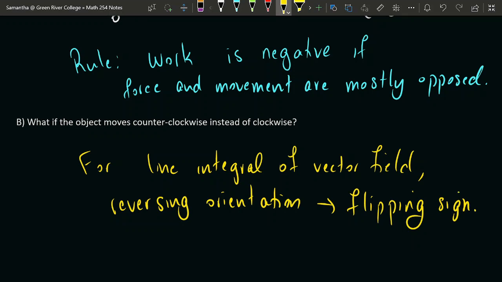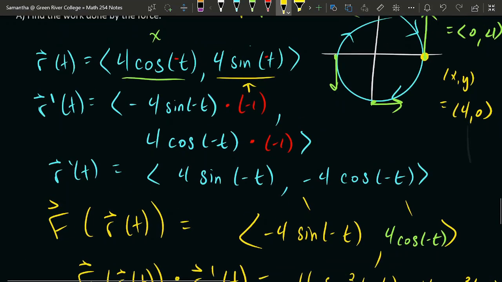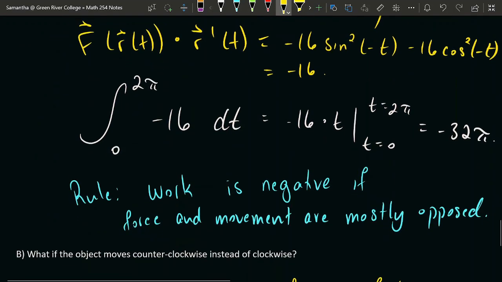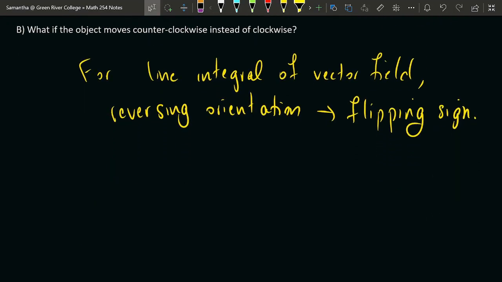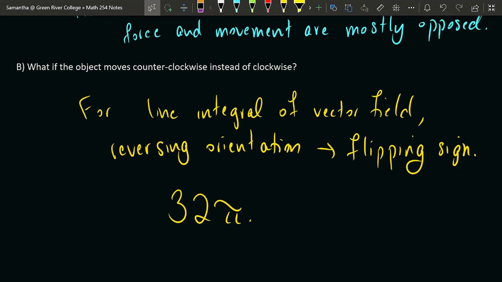And so I don't need to go through this calculation all over again from scratch if I am only changing the orientation of the curve, of the direction of movement. It's going to have just the effect of flipping the sign of the final answer from negative in this case to positive.